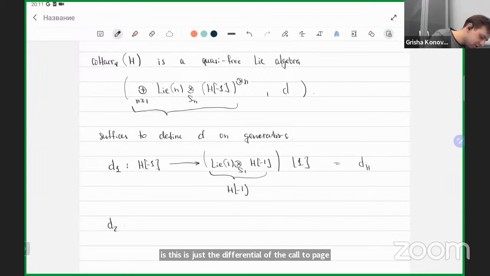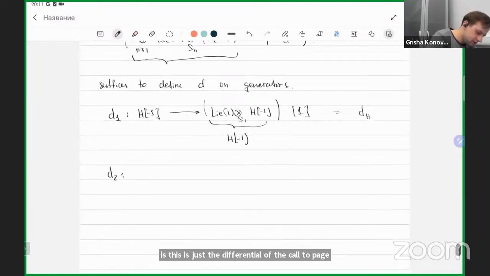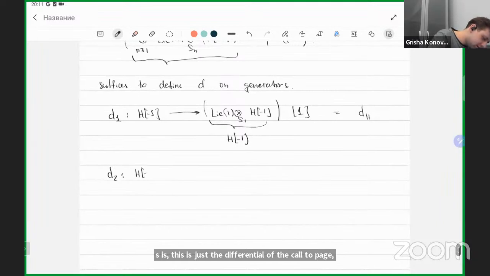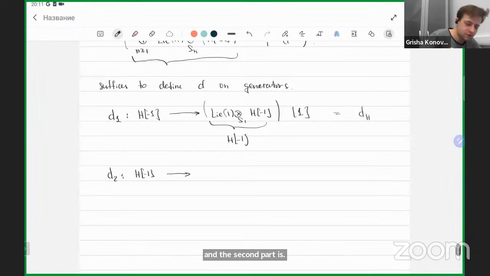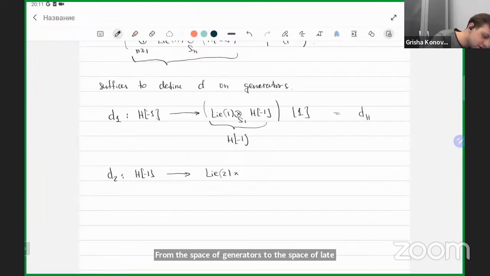And the second part is from the space of generators to the space of Lie words of two arguments.